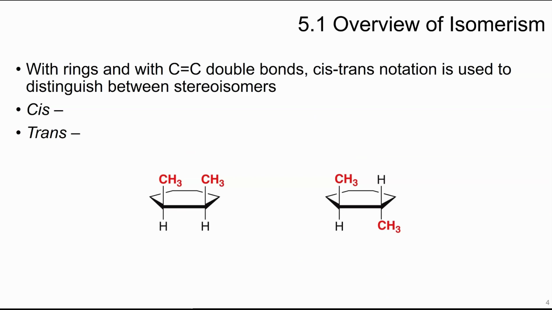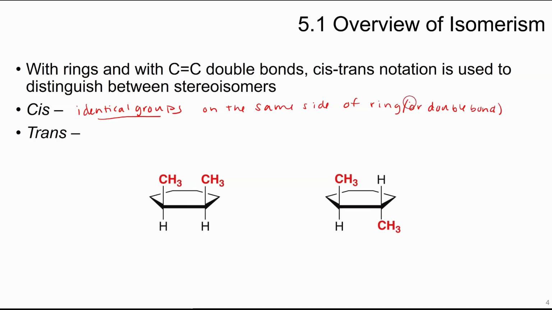If you have something that is cis, this refers to identical groups on the same side of the ring or double bond. And for trans, it's identical groups on the opposite sides of the ring or double bond.